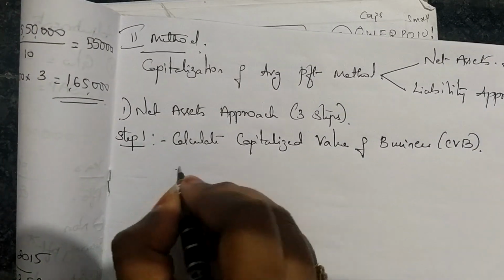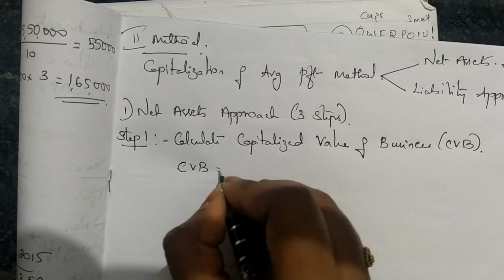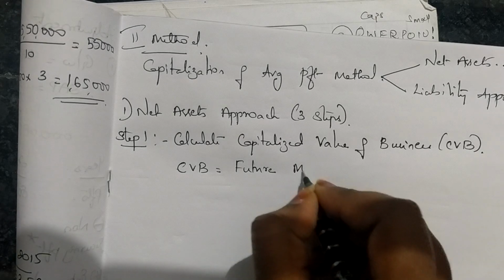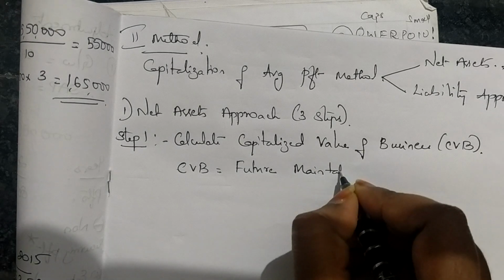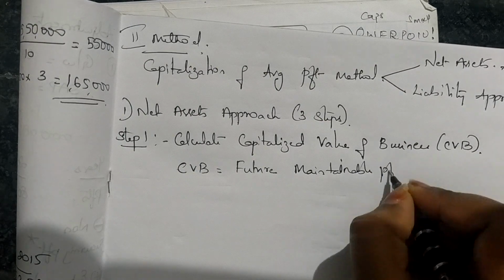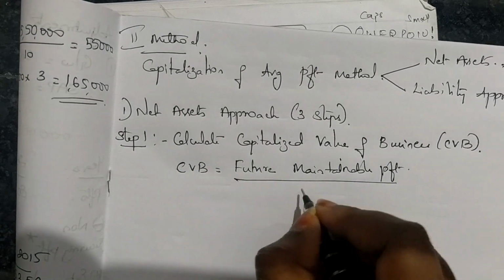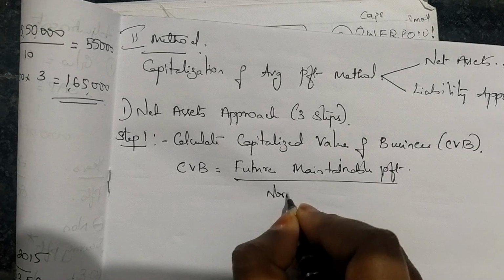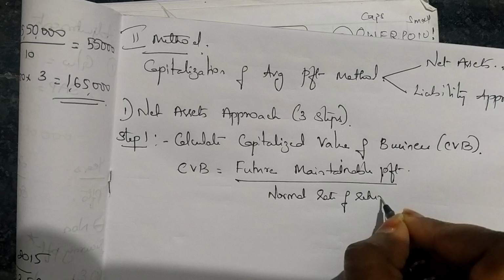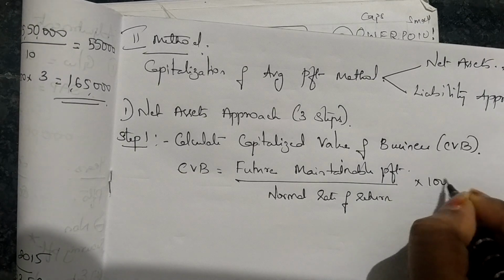The formula for calculating the capitalized value of business is CVB is equal to future maintainable profit divided by normal rate of return, the whole into 100.